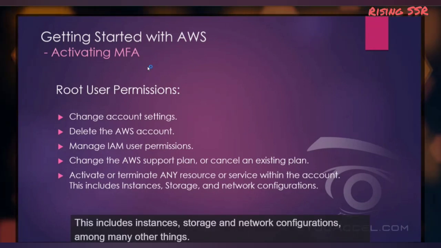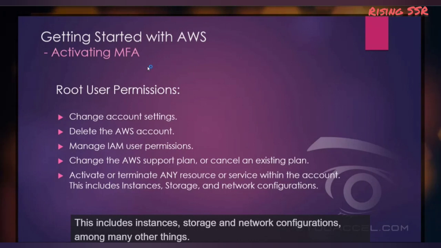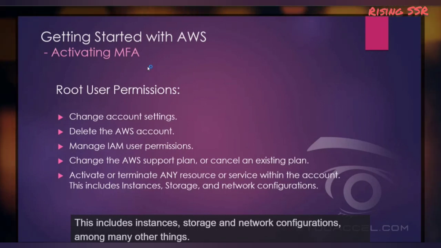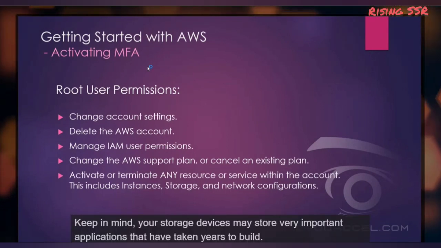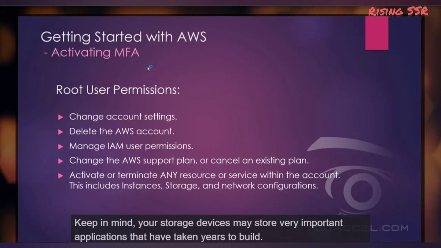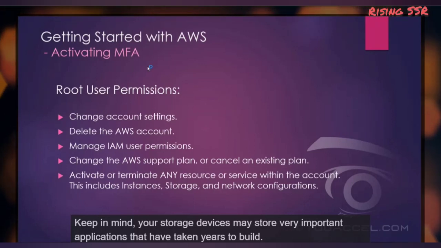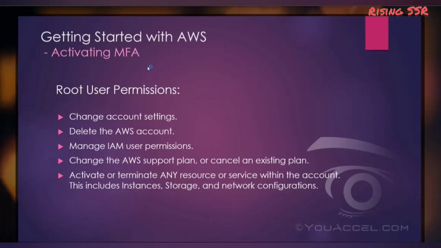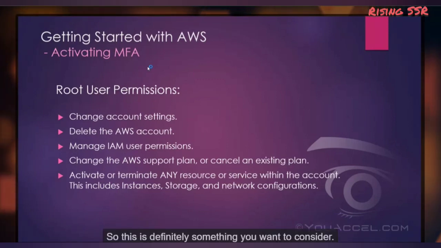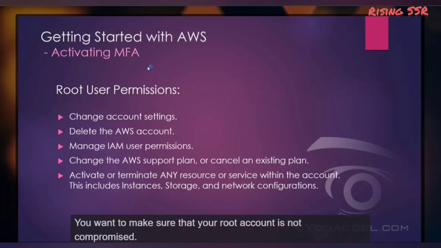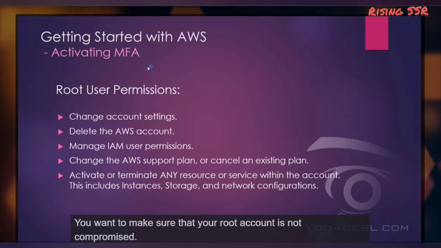This includes instances, storage, and network configurations, among many other things. Keep in mind, your storage devices may store very important applications that have taken years to build. So this is definitely something you want to consider. You want to make sure that your root account is not compromised.